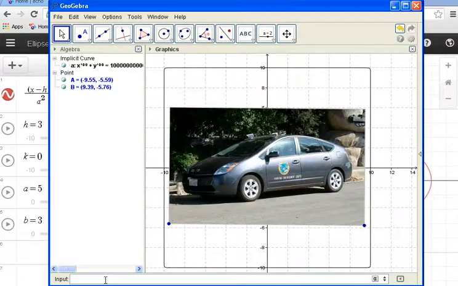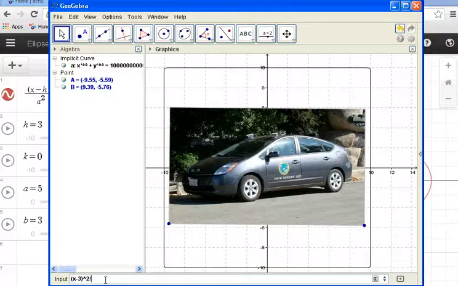Okay, so now I'm going to enter my ellipse formula in GeoGebra. It's going to look like this: x minus 3, that's my H value is 3, squared over, it's also 3, isn't it?